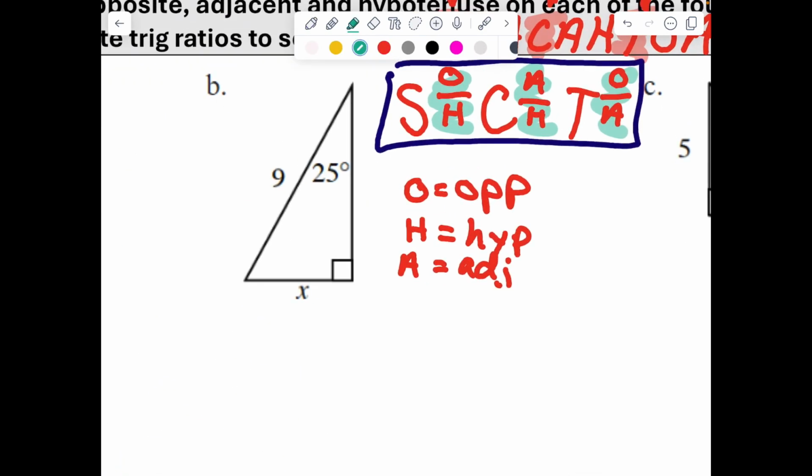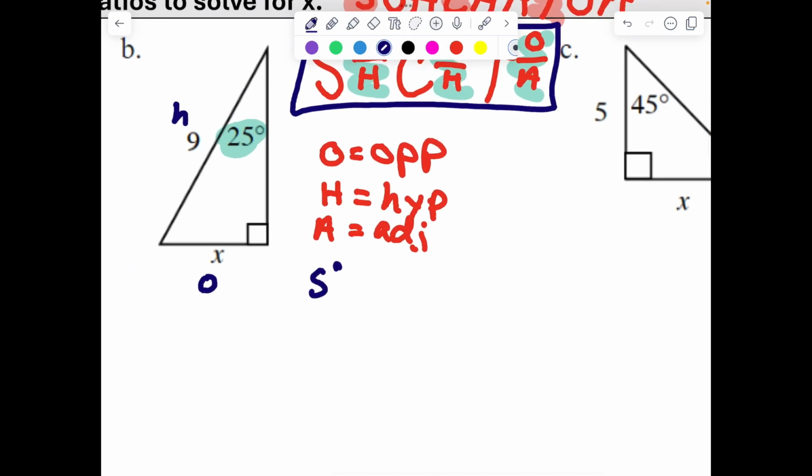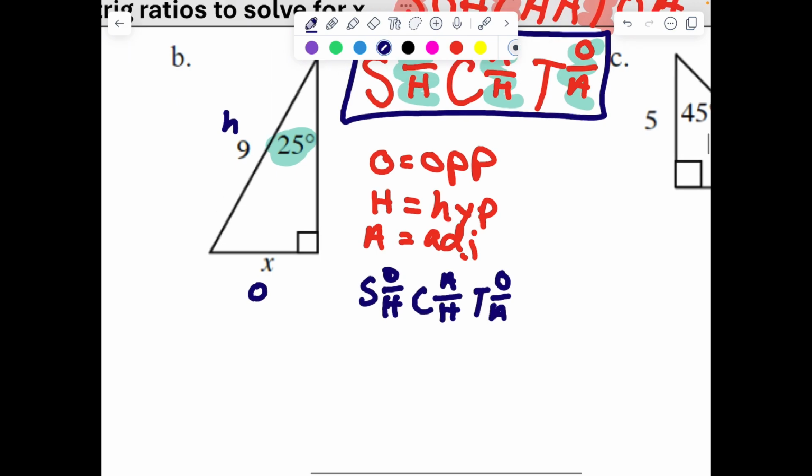All right, on to this one. Now notice that our angle is not in the bottom right corner this time, or the bottom left, but that's okay. This is the opposite side over here, x, because it's not touching. This is the hypotenuse, 9. It's across from the right angle. So when we think about SOHCAHTOA, we are using O and H, which is sine.